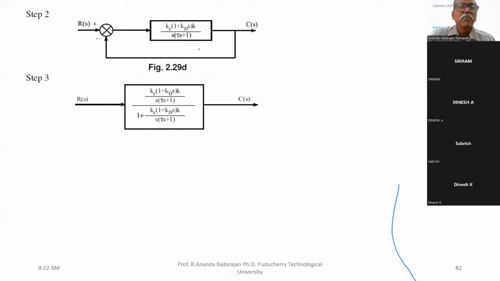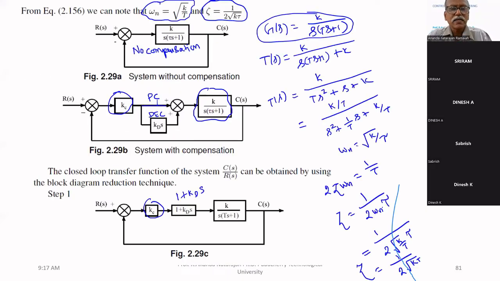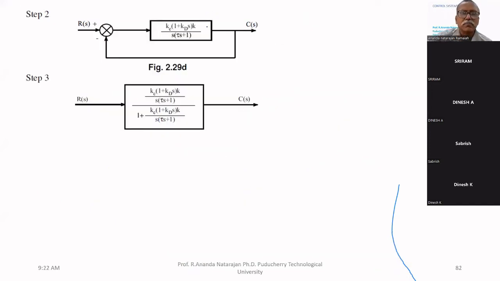So if you simplify further, you will get K multiplied by Kc multiplied by 1 plus KDS upon s times tau s plus 1. This is what we got here.